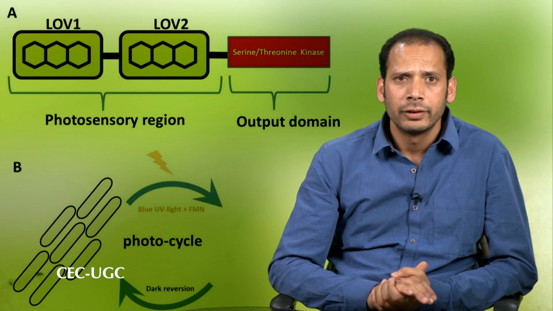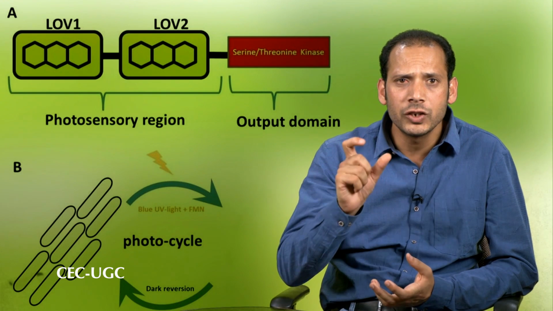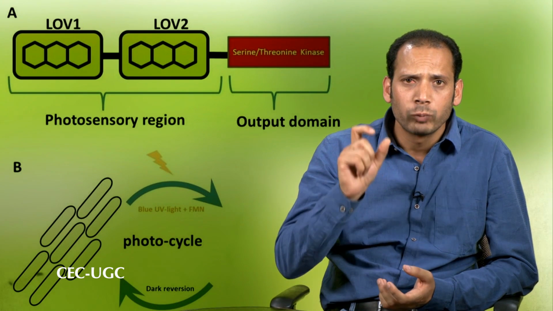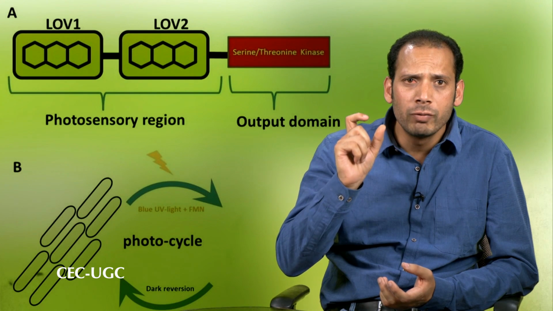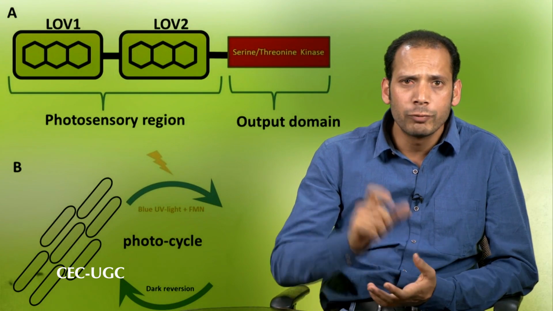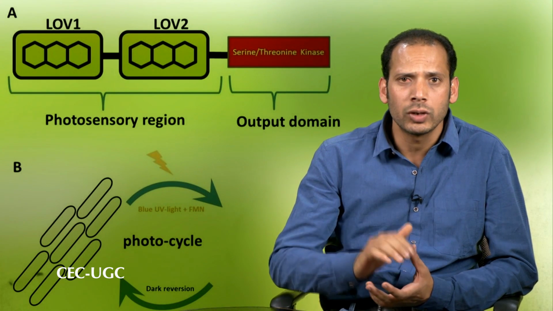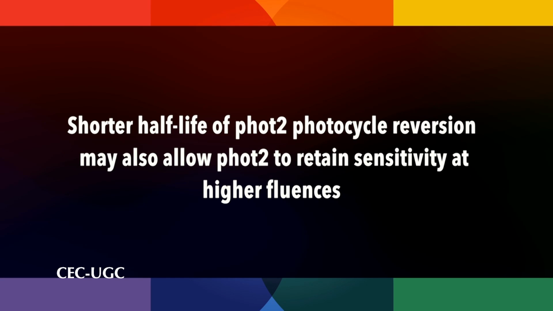Such differing roles are partially explained by differential gene expression. While only Phototropin-1 is expressed in etiolated seedlings, Phototropin-2 transcription increases upon exposure to light. The shorter half-life of Phototropin-2 photocycle reversion may also allow Phototropin-2 to retain sensitivity at higher fluences.